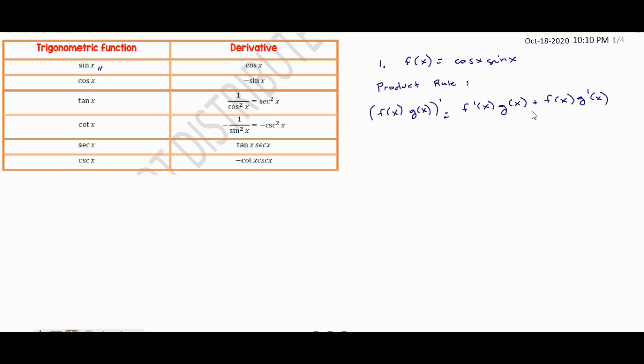Alright, so from here, let's set cosine x as our first function and sine x as our second function.